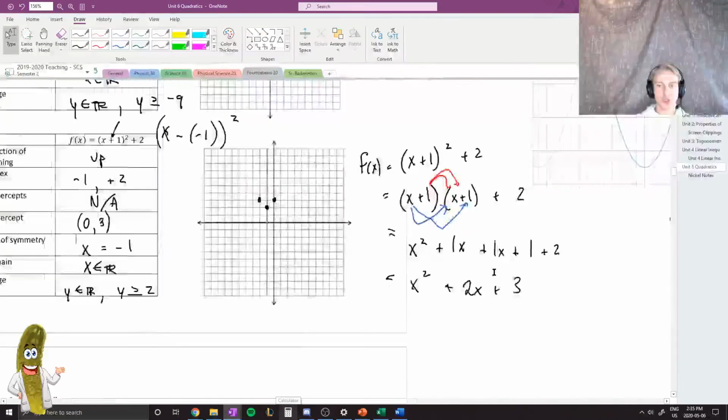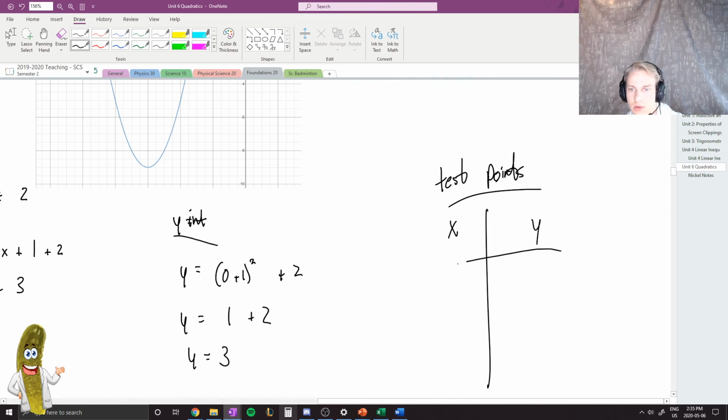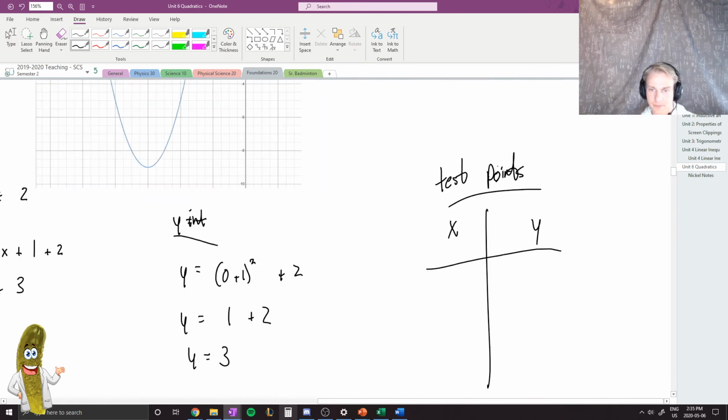From here on out, you could keep doing some test points if you wanted to keep graphing. I'm going to choose the x value that I don't yet know beside this here. So that would be an x value of, that's 0, that's the vertex. I'm going to choose an x value of 1.